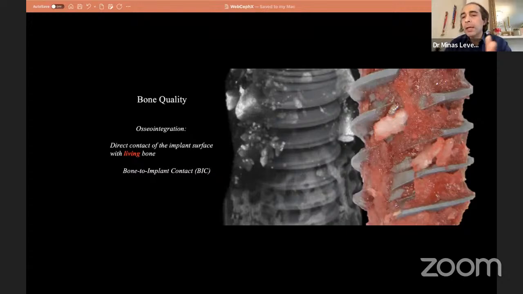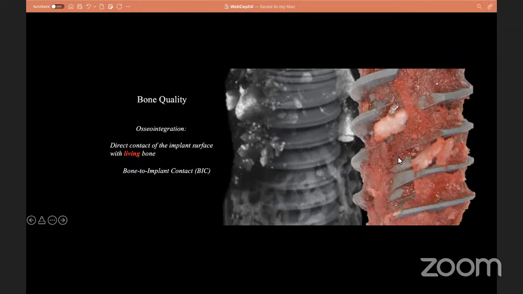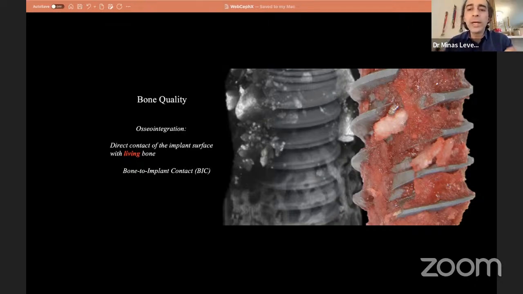This is important, and there are very nice papers to read about this, because there are concerns about what's happening if we have a large amount of remnant non-resorbable material in this tissue very close to the threads and the surface of our implant. Because what we need to do is create high quality bone, because we need osseointegration, meaning that we need the titanium implant surface to get in full biomechanical contact with living high-quality bone.